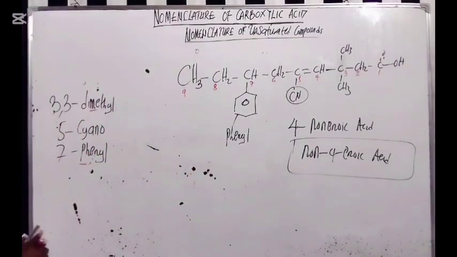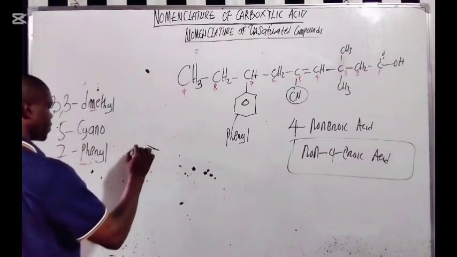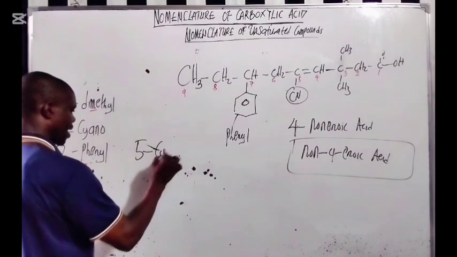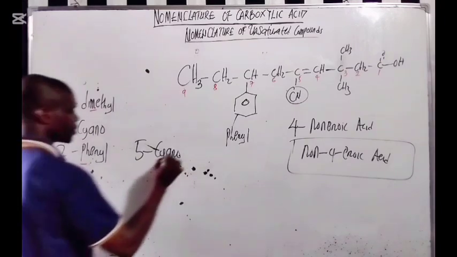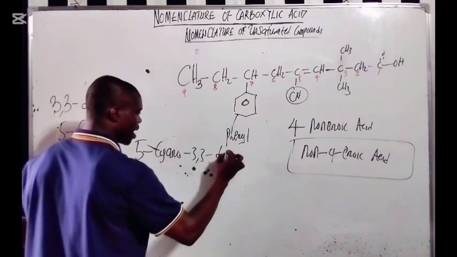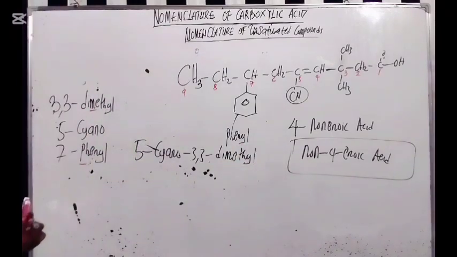So what will be the name here? It will be 5-cyano, 3,3-dimethyl, 7-phenyl.